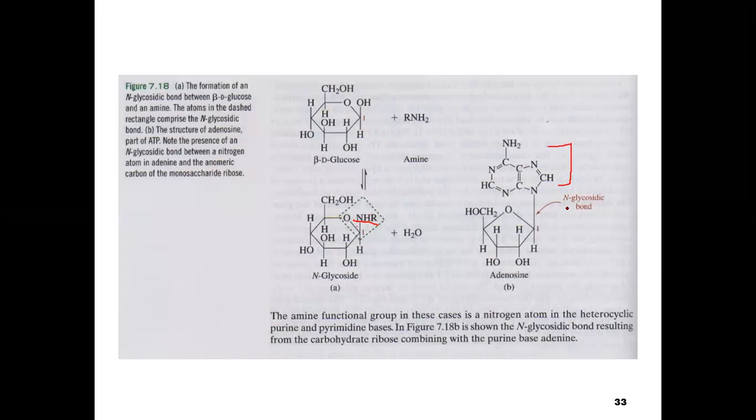When it attaches to the ribose sugar, it will make the N-glycosidic bond. Say this is adenine, and this is the pentose sugar, ribose. When adenine attaches to the ribose, it will make the glycosidic bond.